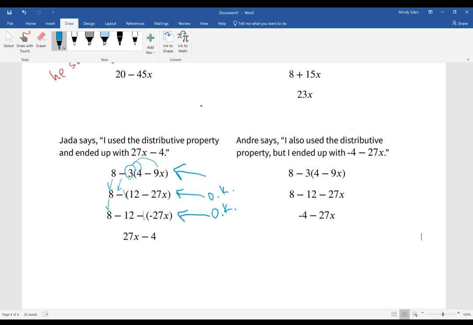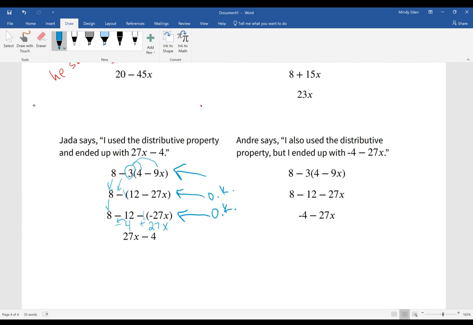And on the last step, she kind of skipped a step, but 8 minus 12 is negative 4. Negative 1 times negative 27 is positive 27x. And she just reversed the order. She put the negative 4 at the end and the positive 27x in the beginning.